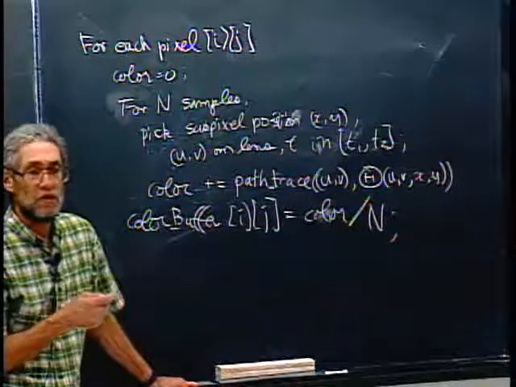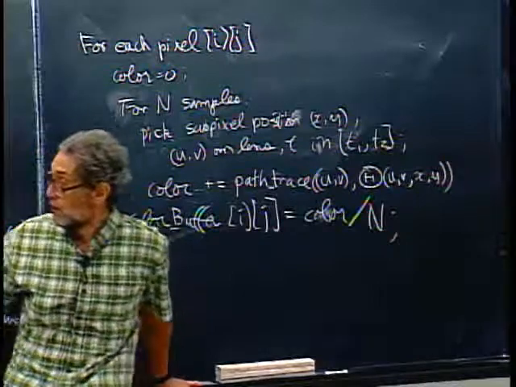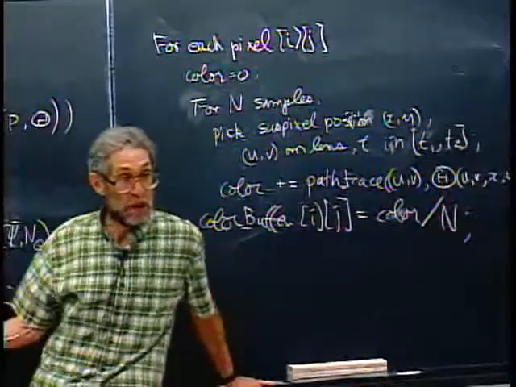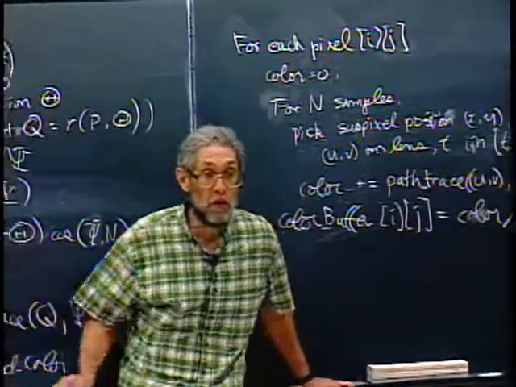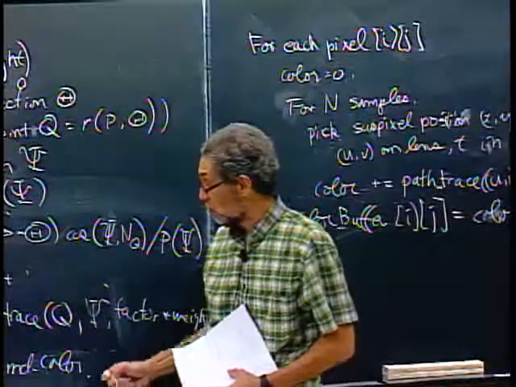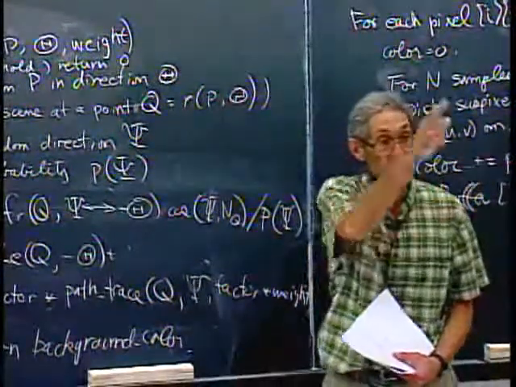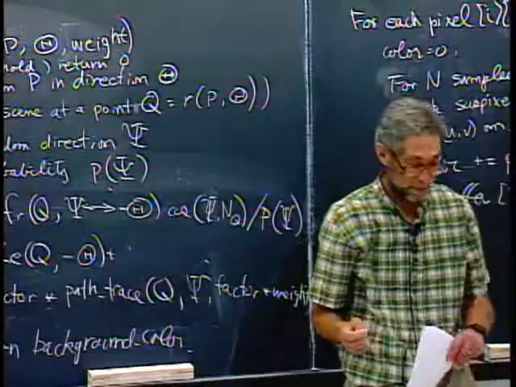And so this gets you the direct illumination, because every time one of these rays hits a light source, you've added on the brightness of the light source. And it's also getting you the global illumination, because even if it doesn't hit a light source, it's going to get further light, further surfaces, and eventually one of them may be illuminated by a light source.